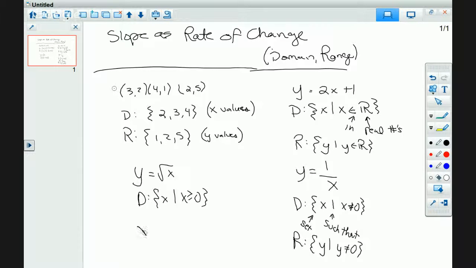And the range, those are going to be all positives too, right? They'll never get a negative output. These will not always match, but they do in easy cases. So domain and range. It's not going to be that hard today. I'm going to give you a table of values, and you're going to say these are the x's, the domain, and these are the y's, the range.